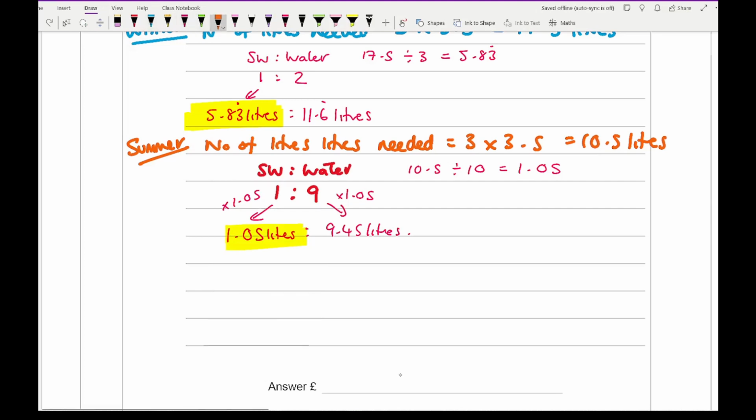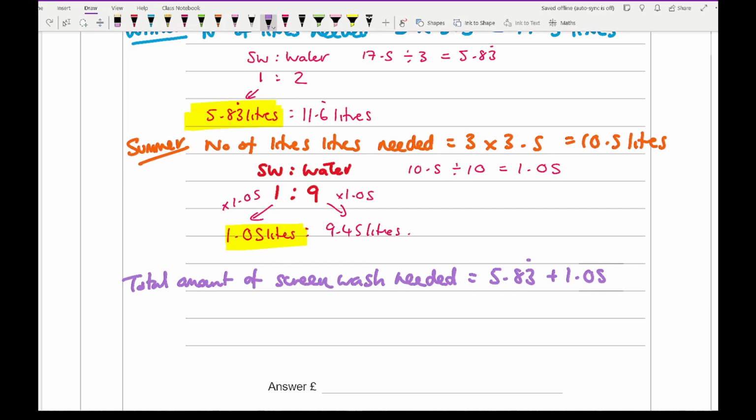Now again, I'm only interested in the screen wash, so the total amount of screen wash needed is going to be 5.83 recurring plus 1.05, which equals about 6.88.